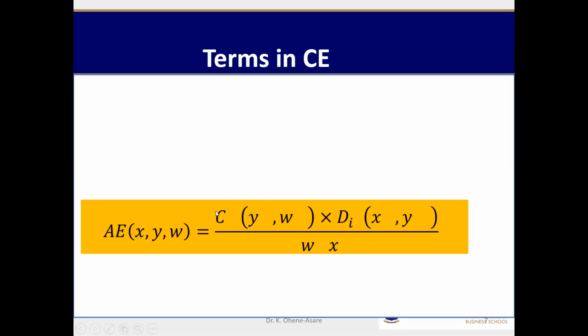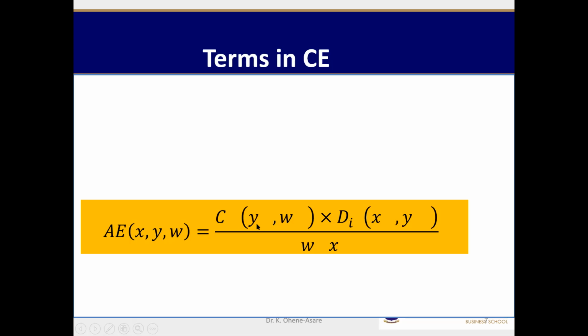We said it's equal to the minimum cost. First of all, the cost efficiency, which is the numerator on the top here, is the entire minimum cost.